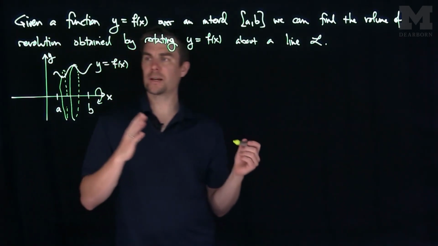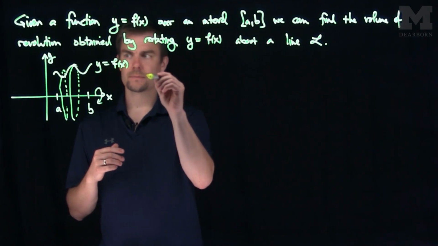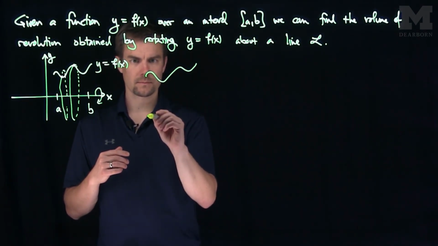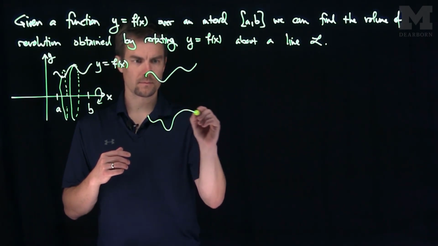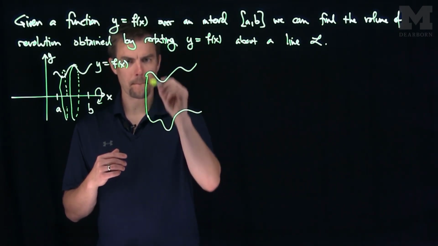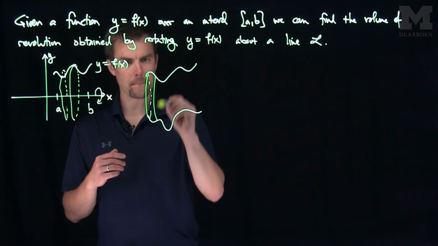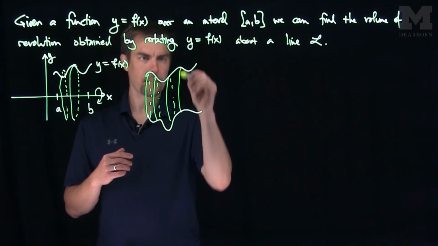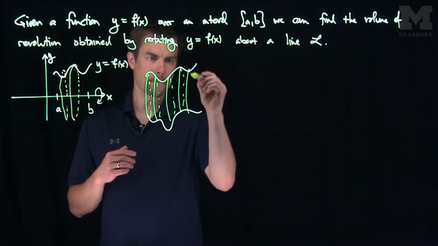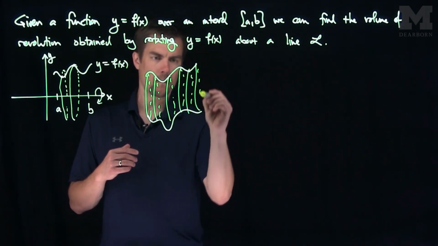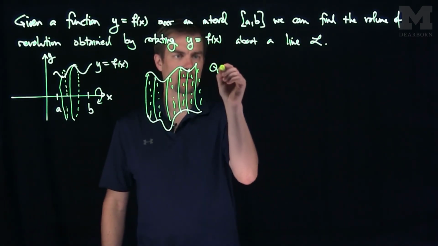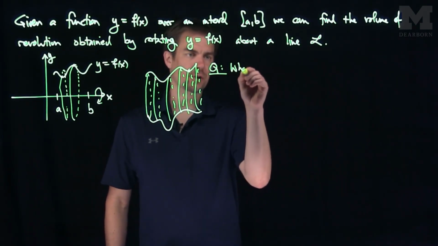And so what we'll end up getting is a shape that looks like this, and we've formed a volume. And so our question is now, what is the volume of this region?